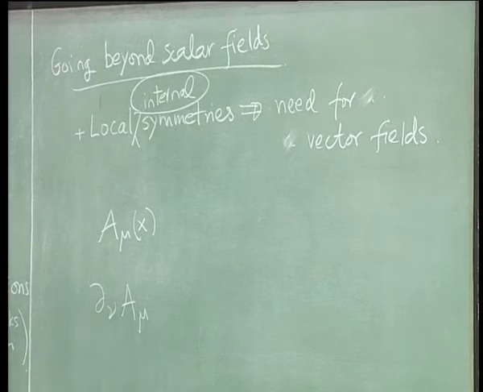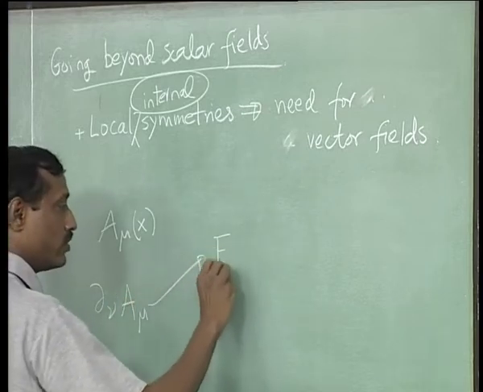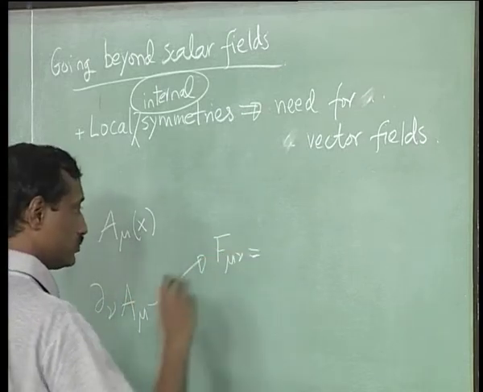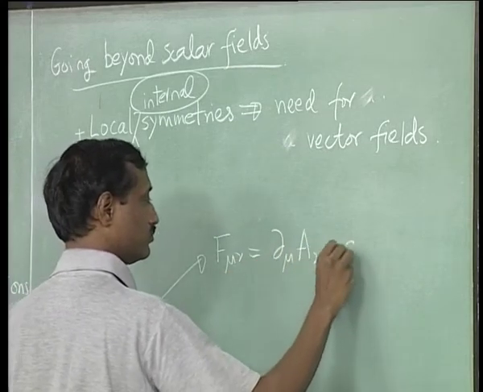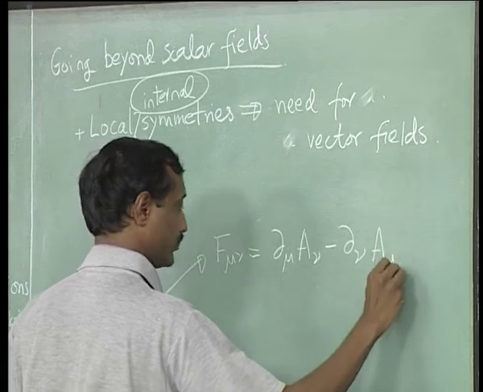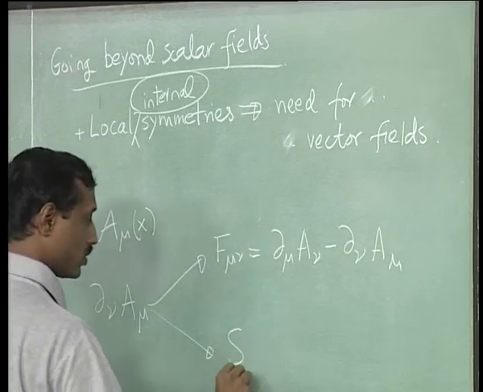So, we have to construct scalars out of these, and since this is just a second rank tensor, I can break it up into symmetric and antisymmetric parts. The antisymmetric part I will call F mu nu, and the symmetric part let us just call S mu nu.